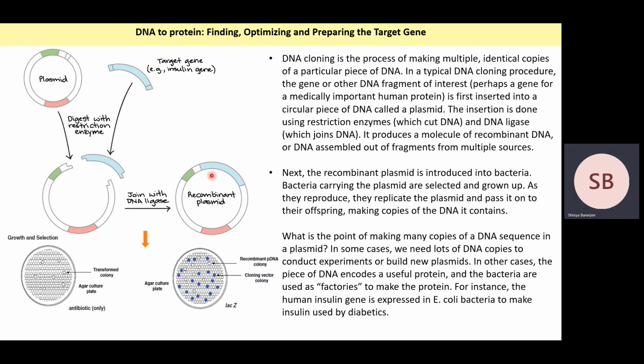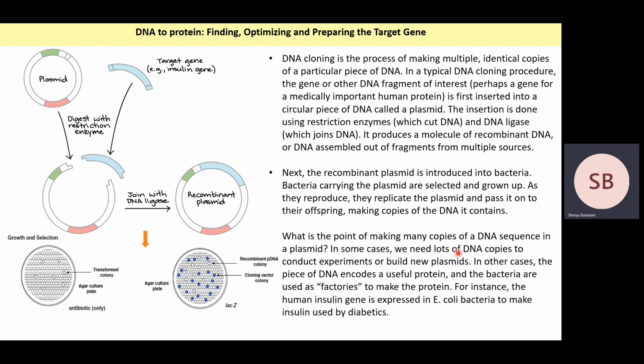Next, the recombinant plasmid is introduced into bacteria, and the bacteria carrying this plasmid are selected and grown. As these bacteria reproduce, they make copies of the plasmid, and from a small amount of the initial DNA, a large amount of the recombinant DNA can be formed. So what is the point of making so many copies of the DNA sequence in a plasmid?